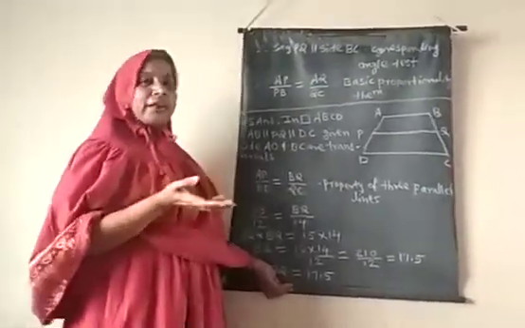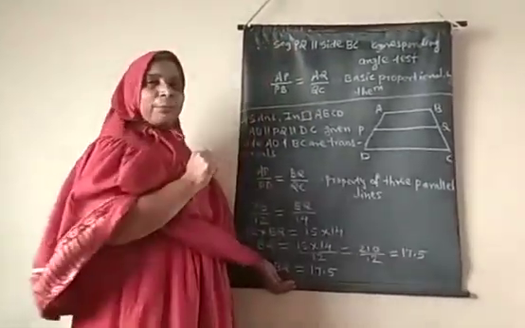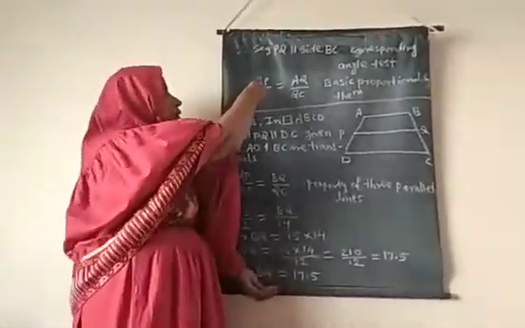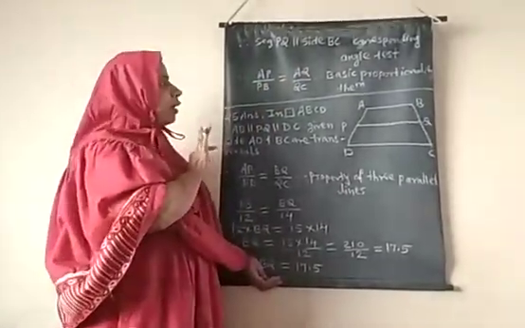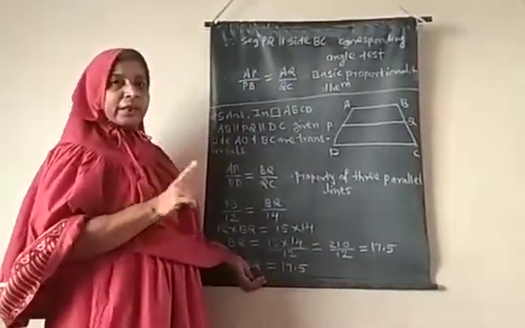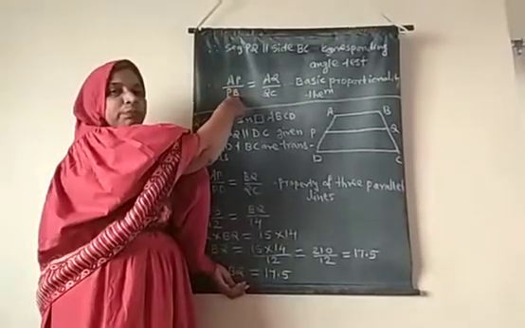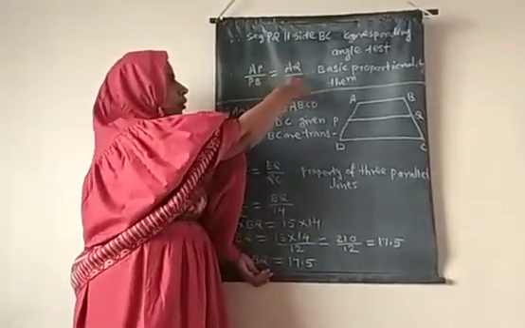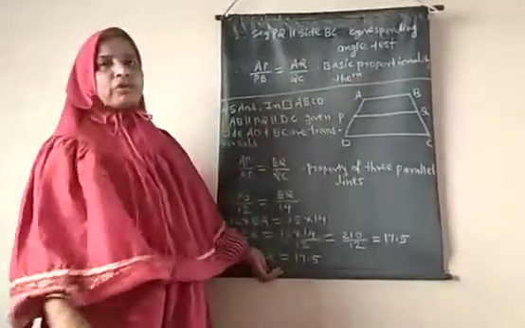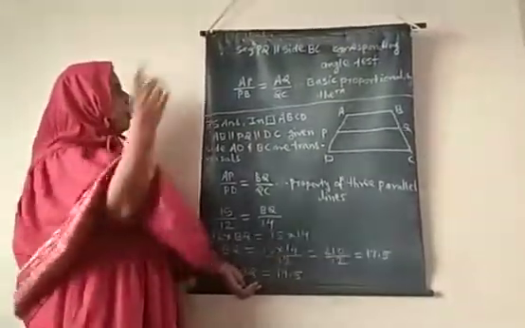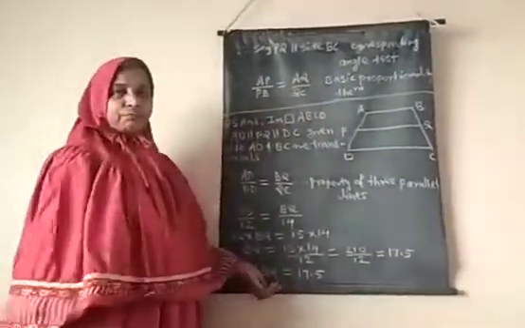So, in any triangle, if the sides are parallel, then the ratios are equal by the basic proportionality theorem. Therefore, AP upon PB is equal to AQ upon QC by the basic proportionality theorem.